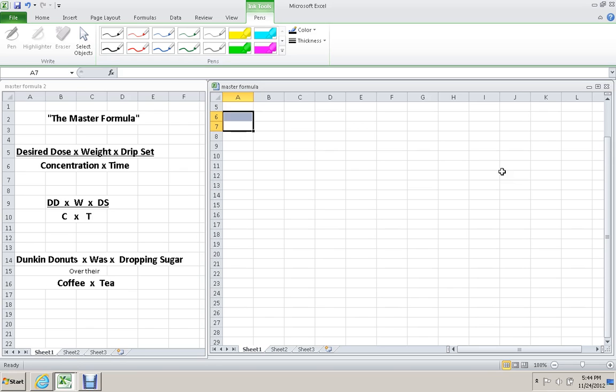All right, let's write out the information that we have. Desired dose is equal to 5 milligrams. And the time, that's 5 milligrams per hour. The time here in this case is 60 minutes.